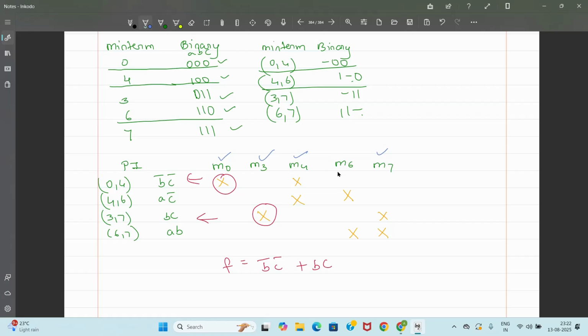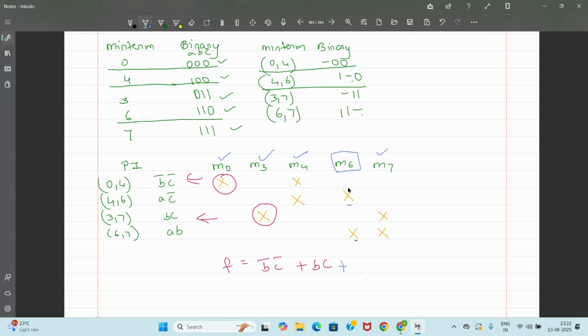Now you see there is one minterm that is left out, which is not covered with only these two terms, which means this cannot be a final solution. You will have to add one more term to your answer so that this M6 can be covered. Okay. And how do you do that? Under M6, you have two x, right?